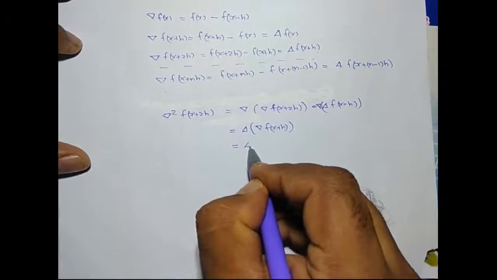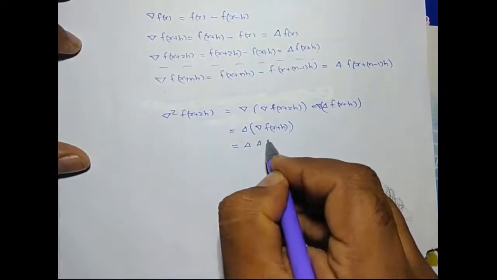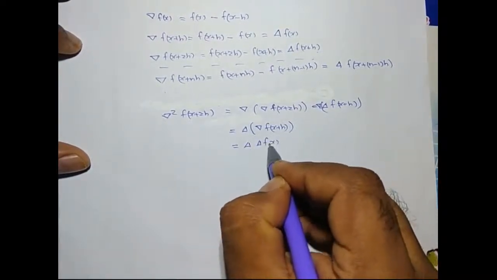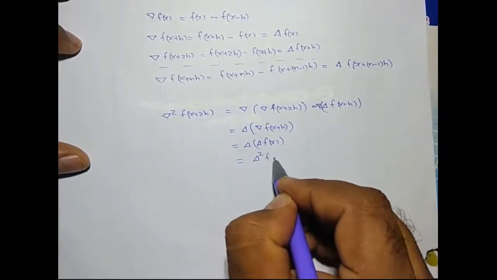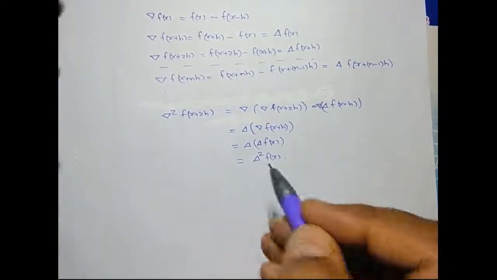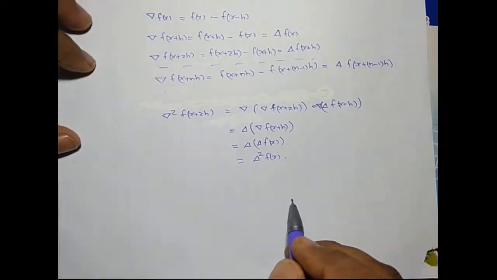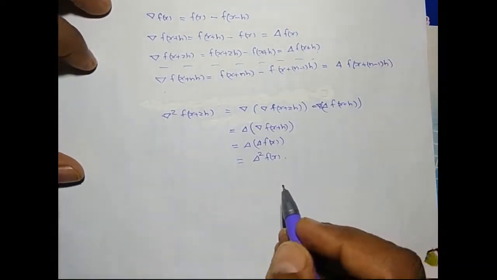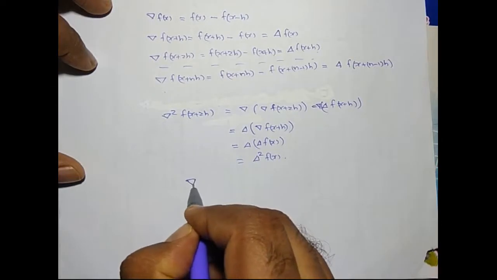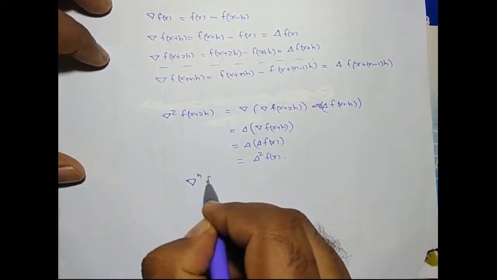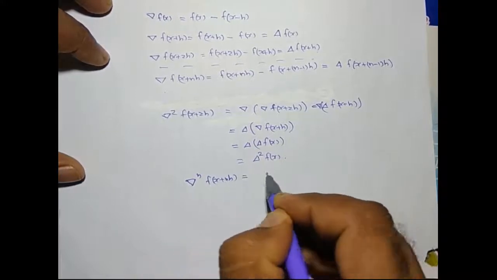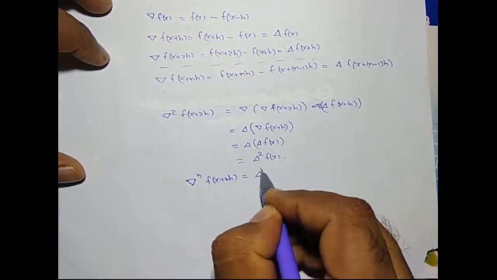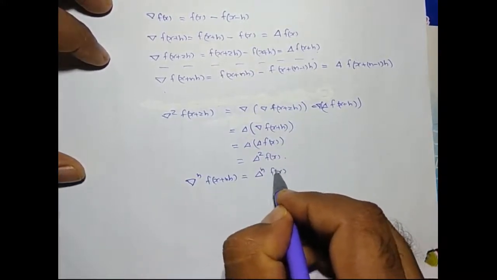So this is equal to delta into delta f of x, or this is equal to delta square f of x. Following the same procedure, we can write a general equation for this as nabla raised to n f of x plus nh equal to delta raised to n f of x.